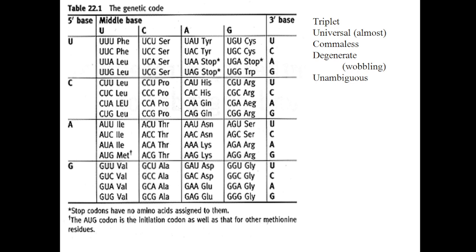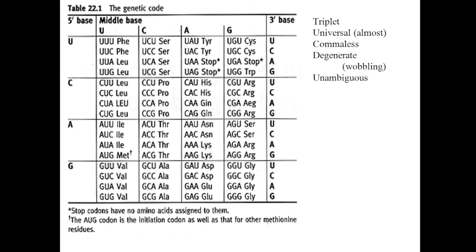One property of the genetic code is triplet organization, and you can see that the number of triplets is much more than the number of amino acids.